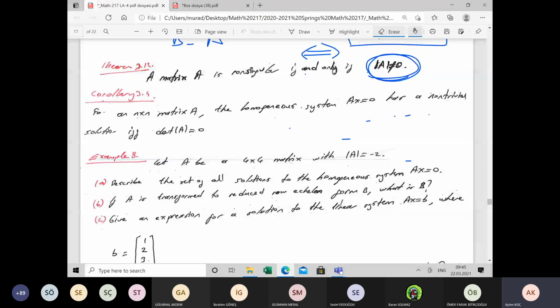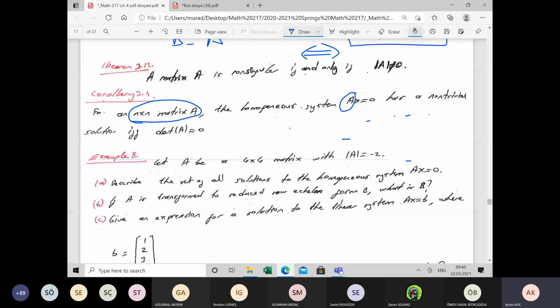But look at the corollary again. Be careful. A should be an n by n matrix. A is square. Otherwise, the corollary is not valid. If the coefficient matrix is not n by n, what is the determinant? The determinant is undefined.